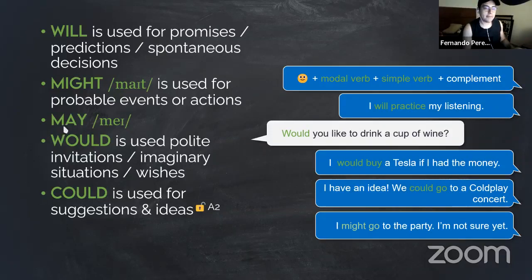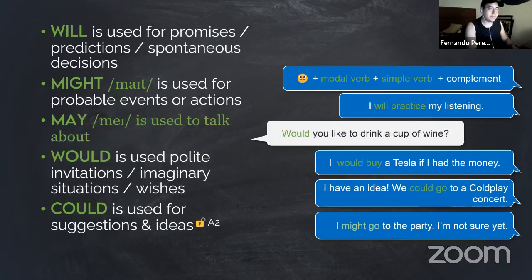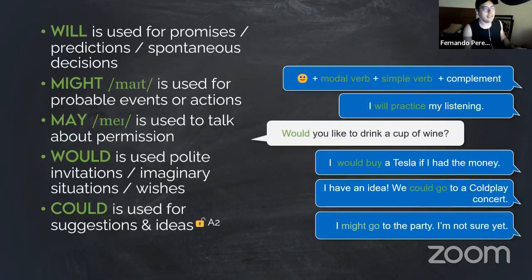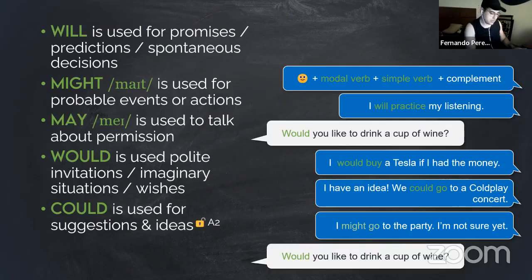Finally, we have may. May is used to talk about permission. That's the reason the most popular question in an English school is may.